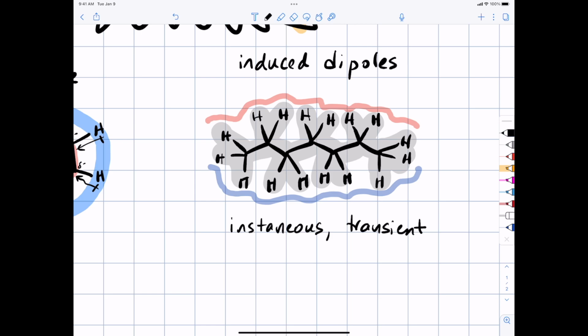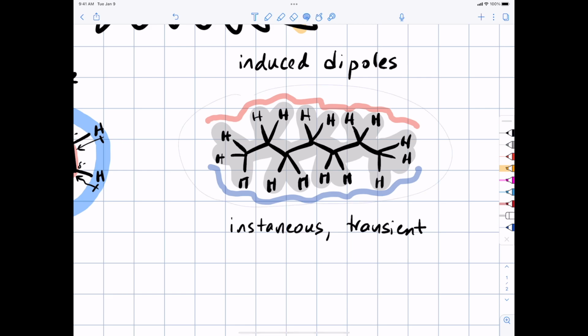And it's not anything that persists. Of course, in this hydrocarbon, which is nonpolar, you expect there to be no net dipole, but temporarily there can be an induced dipole as the electron density shifts from one side of the molecule to the other.